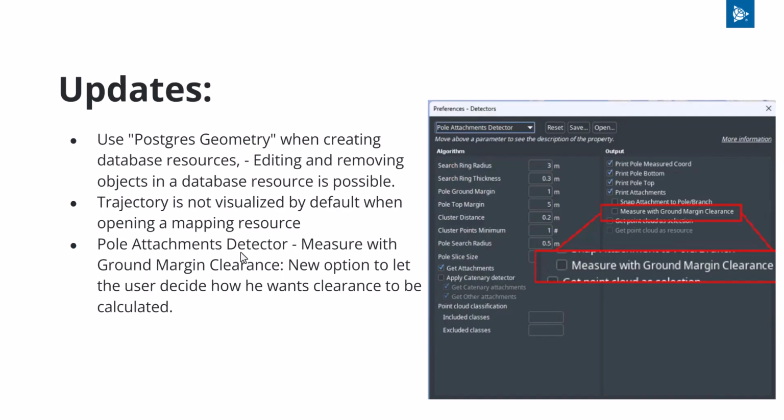Now it has an improvement in regard to the returned measurement, whether you want ground margin clearance considered in the measurement or not. By the way, the same parameter will be available soon for the pole detector.